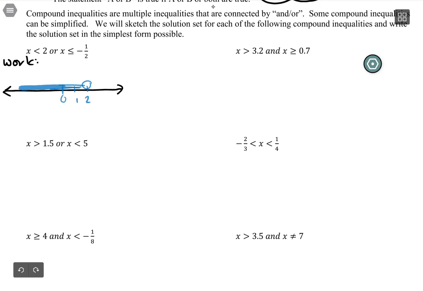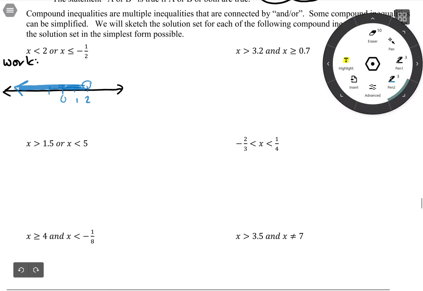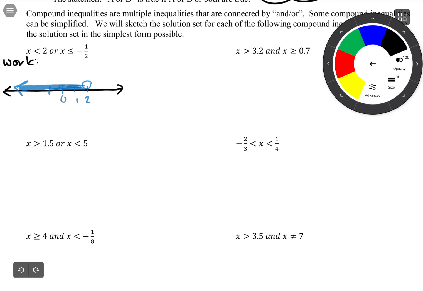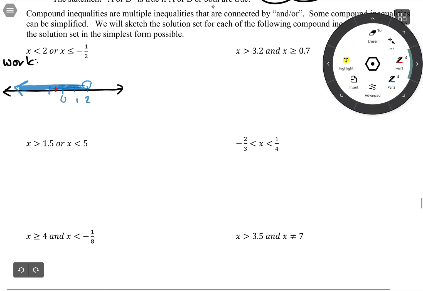So all of those numbers make the first statement true. And then we have x less than or equal to negative 1/2. Let's see if I can snag another color out of this. Red. Negative 1/2 is in here. And that gets a closed circle. That goes this way. Okay, so this is just my work.